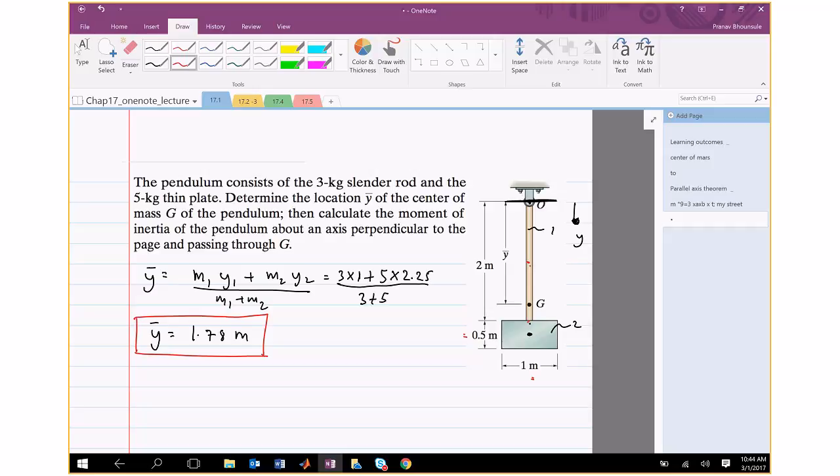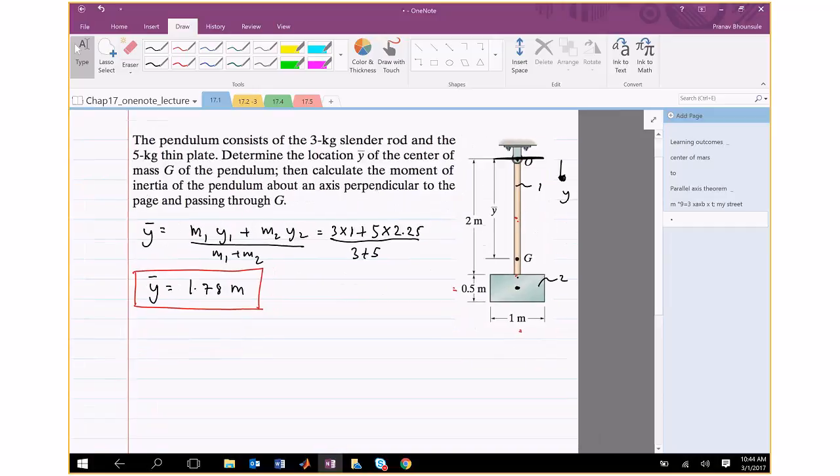So we found y prime. We have to find the inertia about G. Note that G is the inertia of the composite assembly, the complete pendulum.